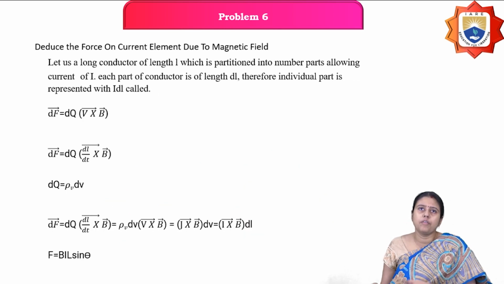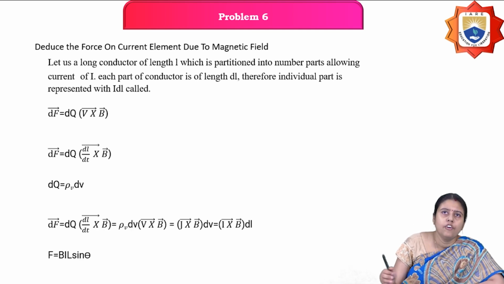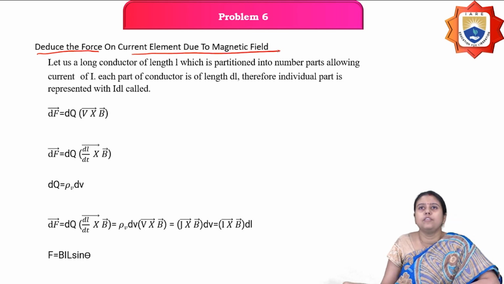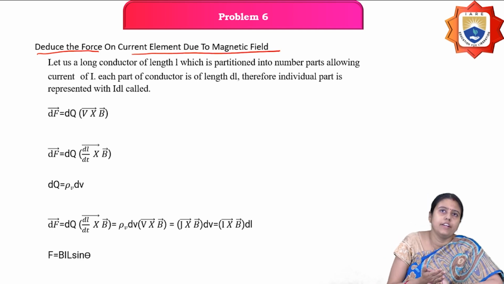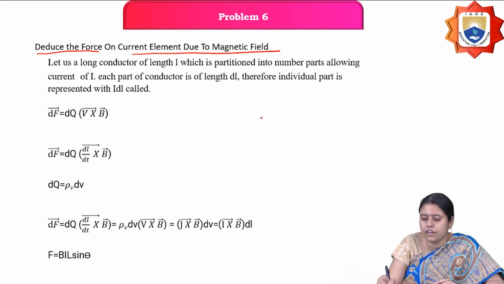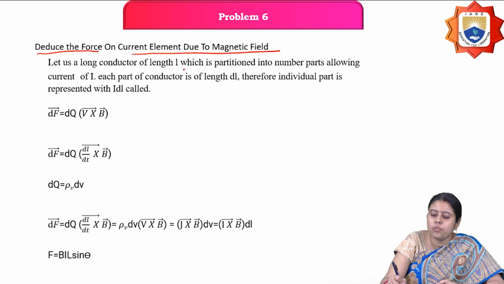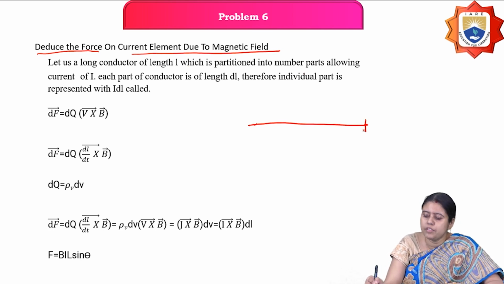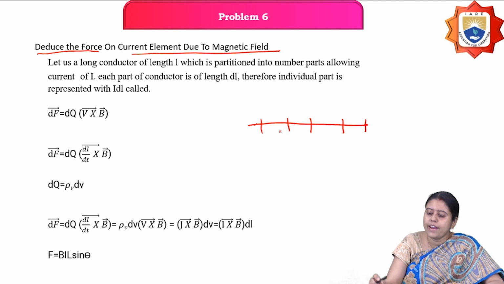Next question: deduce the force on the current element due to the magnetic field. Let us consider one long conductor of length L, which is partitioned into small parts, and in each part the current I is flowing, and the length is dl.